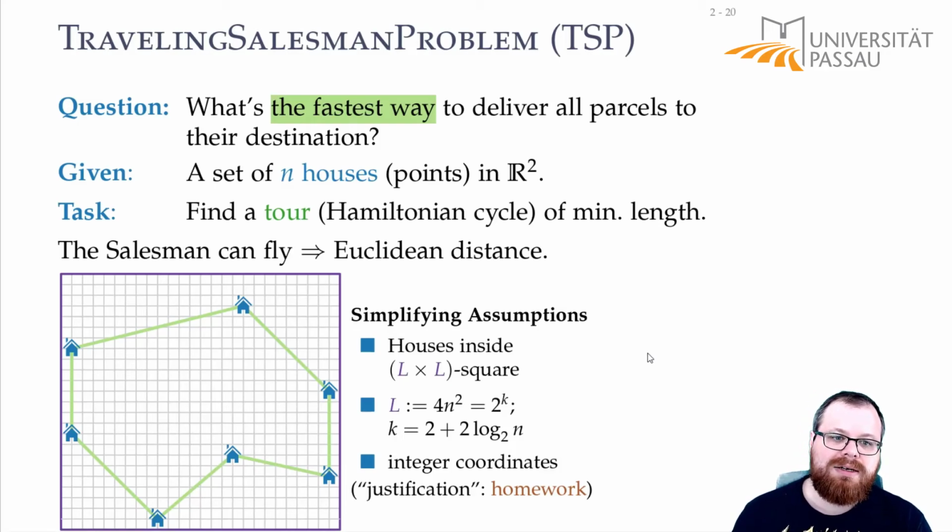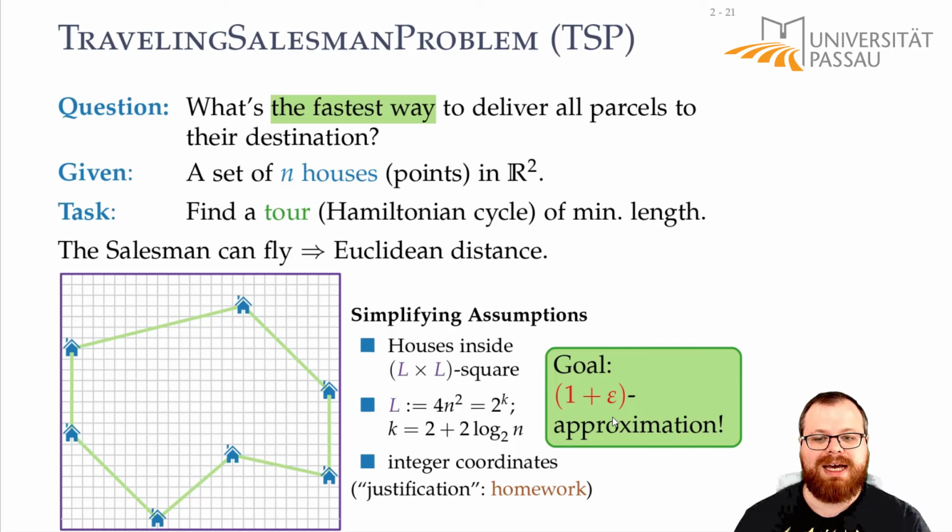And the key basically is that we pick the square of size 4n squared, so when we move a house a little bit, then it's only by a very small factor that depends on this L, and that doesn't change the solution too much. And since we want to find an approximation scheme, the goal we have is to find a 1 plus epsilon approximation for any given epsilon for this Euclidean TSP problem.